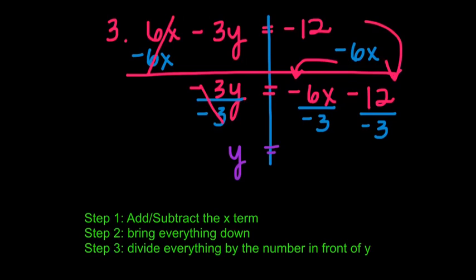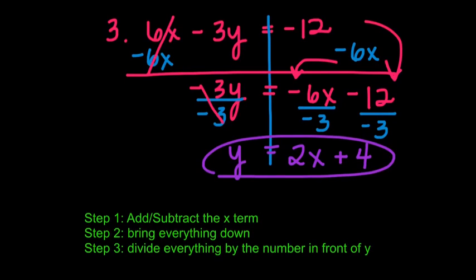We have now negative 6 divided by negative 3. First of all, negative divided by negative is going to make this a positive. And 6 divided by 3 is going to give us 2. So we have 2x. And then now negative 12 divided by negative 3. Again, that's a positive. And 12 over 3 is a 4. So our final answer here, y equals 2x plus 4.